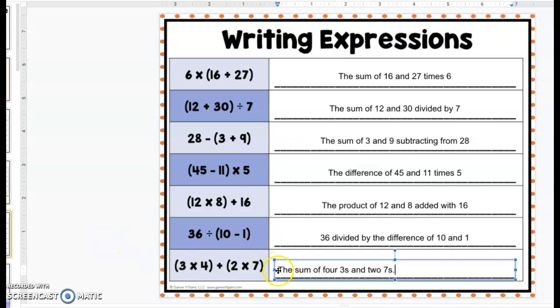Because we're basically going to add 3 times 4, and 2 times 7. I think a better answer, though, because I see that there's 2 sevens, I'm going to say there's going to be 3 fours. And the reason why I'm taking the time to edit this in front of you is I want you to notice that it's important that we evaluate our work, because we're never really done. We can always make it a little better.